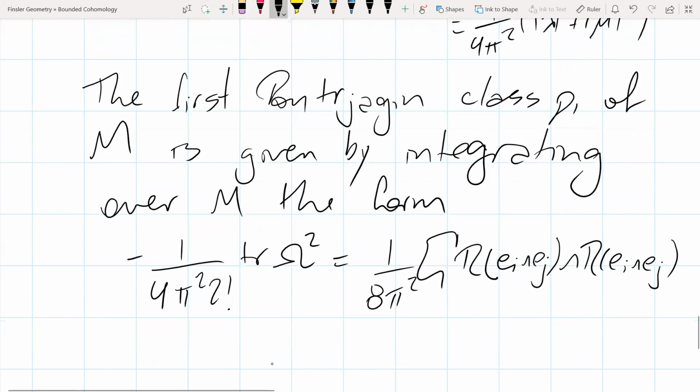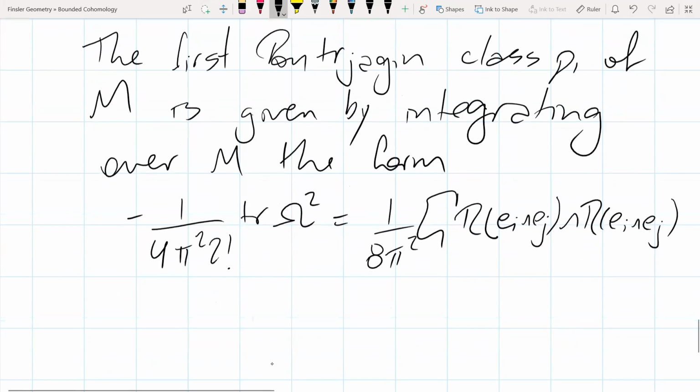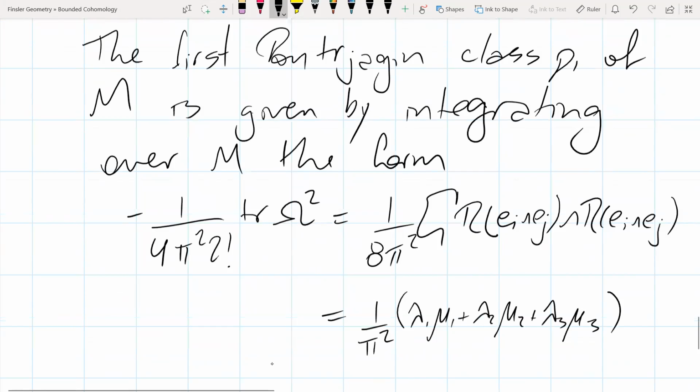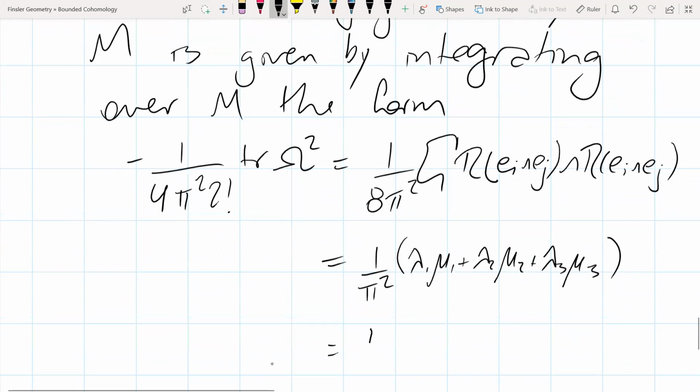Using our normal form for the curvature, this is going to be 1 over 4 pi squared times lambda 1 mu 1 plus lambda 2 mu 2 plus lambda 3 mu 3, which is just 1 over 4 pi squared times the inner product of the vector lambda with mu.